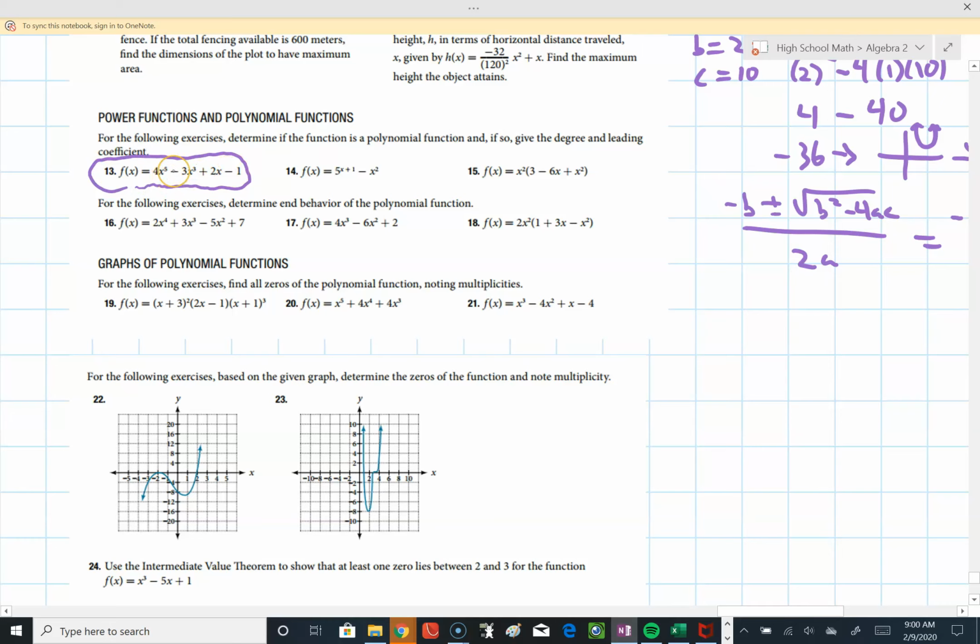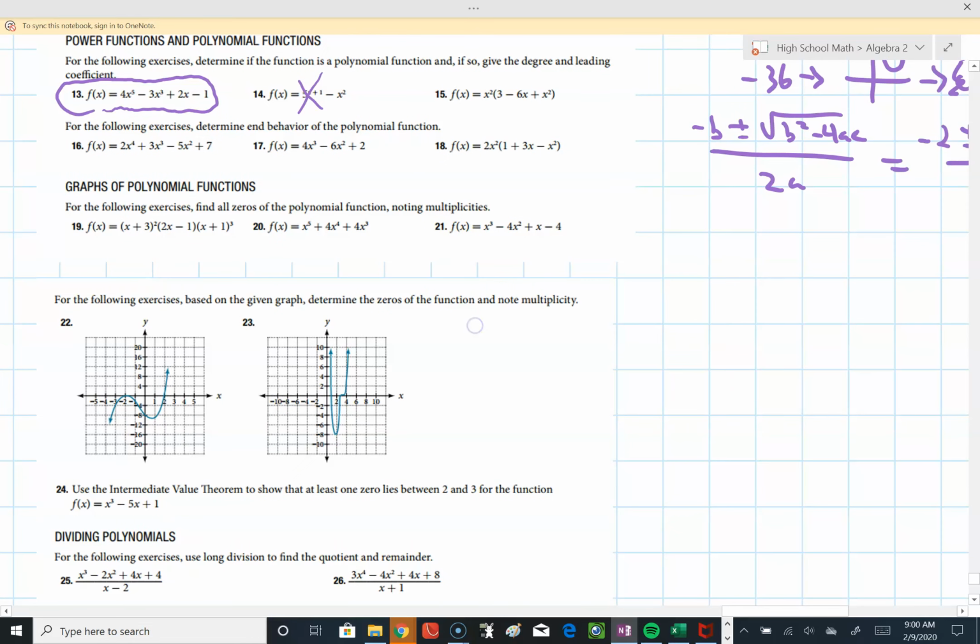It doesn't have to be many terms, but it can be. And the terms are to whole number powers, not negative powers, not something to an, like this one here is not a polynomial, all right? But I want to ask you to identify that.